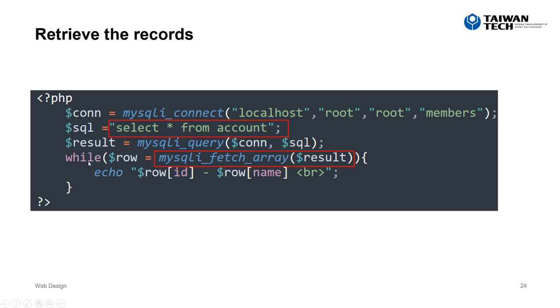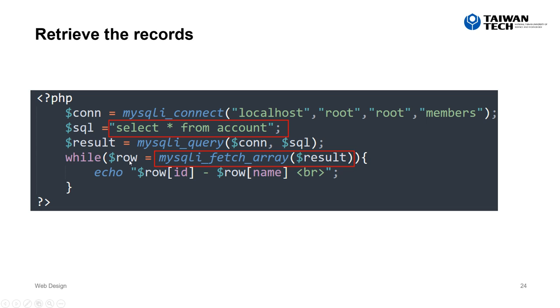So that is the same, and we need to use a while loop to go through all the data. The first thing is we need to use mysql_fetch_array on the result. We just put all the data in row.